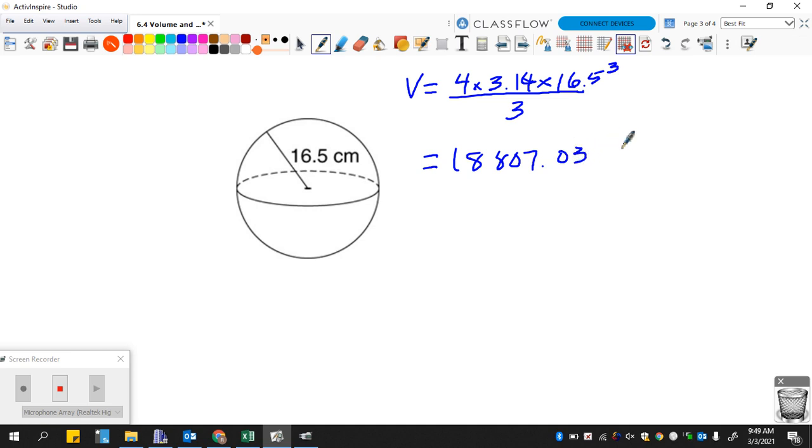Okay, and that would be cubic centimeters, because we're talking about volume.